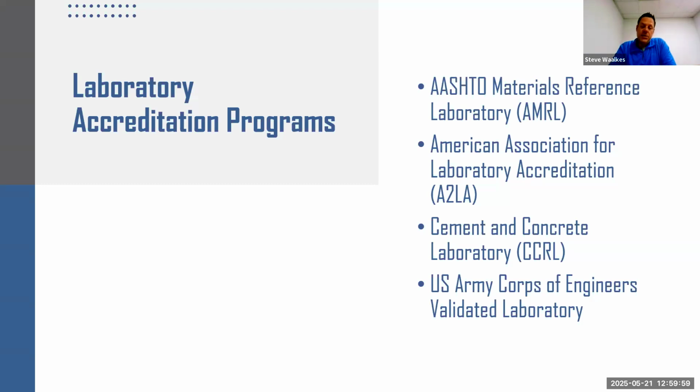But there are other accreditations that folks like the Corps of Engineers require. If you want to be an AASHTO accredited lab, there's also the CCRL accreditation procedure. So a lot of labs go after that because certain job types require that the lab have that accreditation.